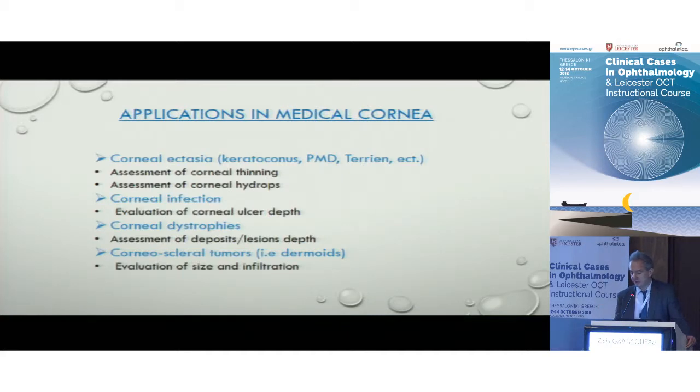I will just mention briefly the applications in the medical cornea area: assessment of corneal thinning in corneal ectatic disease, keratoconus, PMD, or Terrien degeneration, assessment of corneal hydrops, corneal infection, evaluation of corneal ulcer depth, corneal dystrophies, assessment of the deposits and the lesion depth, and evaluation of the size and infiltration in cases of corneal sclerotic tumors.